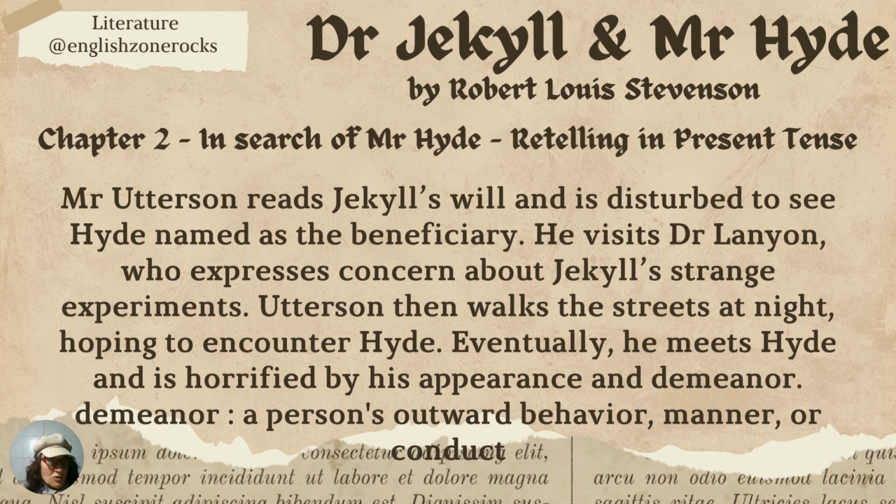He visits Dr. Lanyon, who expresses concern about Jekyll's strange experiments. Utterson then walks the streets at night, hoping to encounter Hyde. Eventually, he meets Hyde and is horrified by his appearance and demeanor. Demeanor is the person's outward behavior, manner, or conduct.